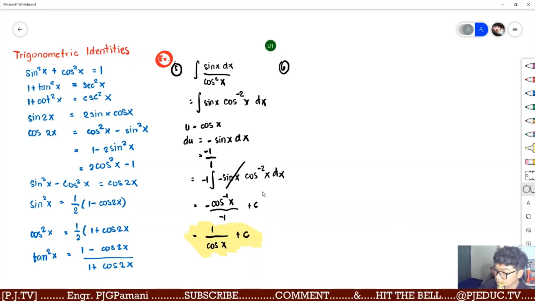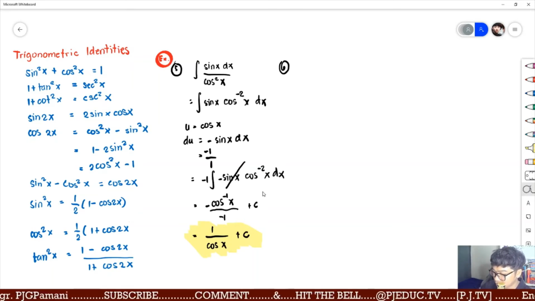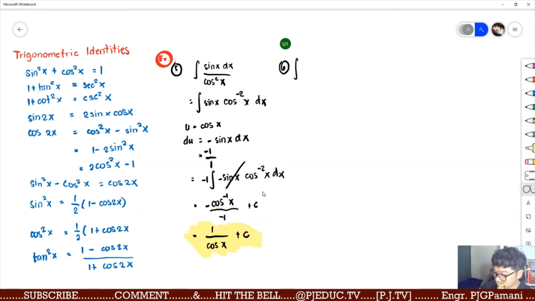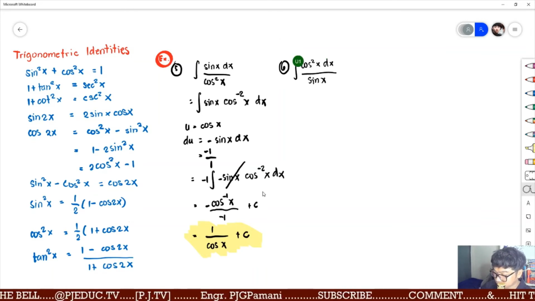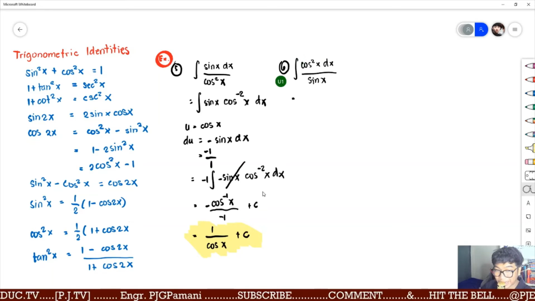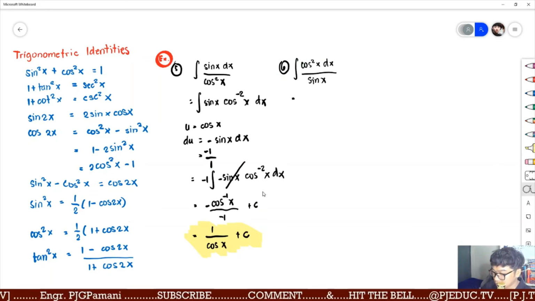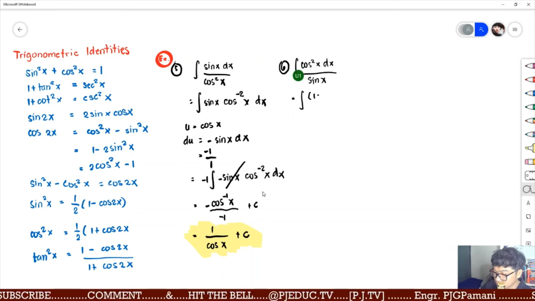Number 6. What if you're asked to evaluate the indefinite integral of cosine squared x dx over sine x? We know from our basic knowledge with identities that cosine squared x is also 1 minus sine squared x dx.